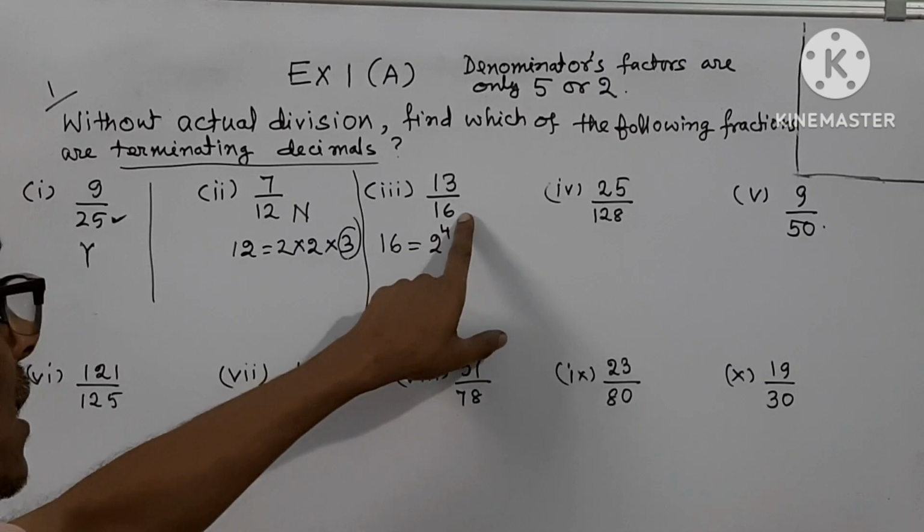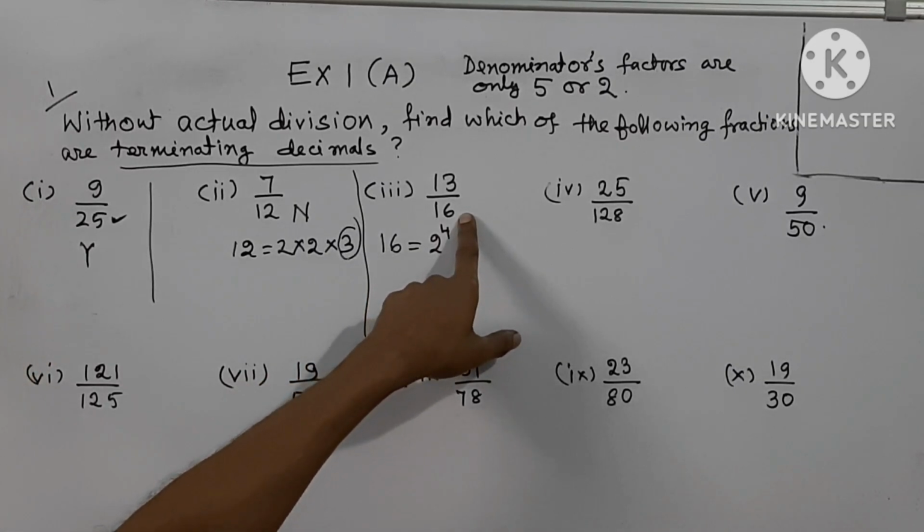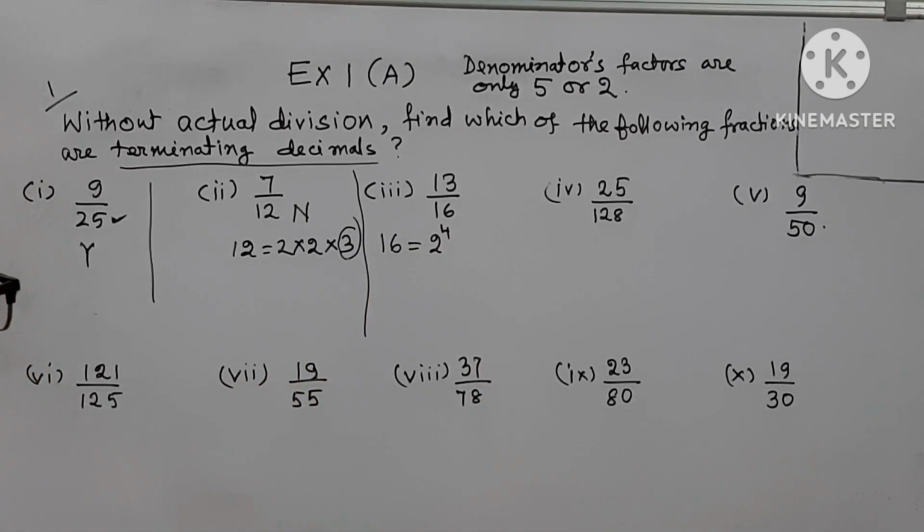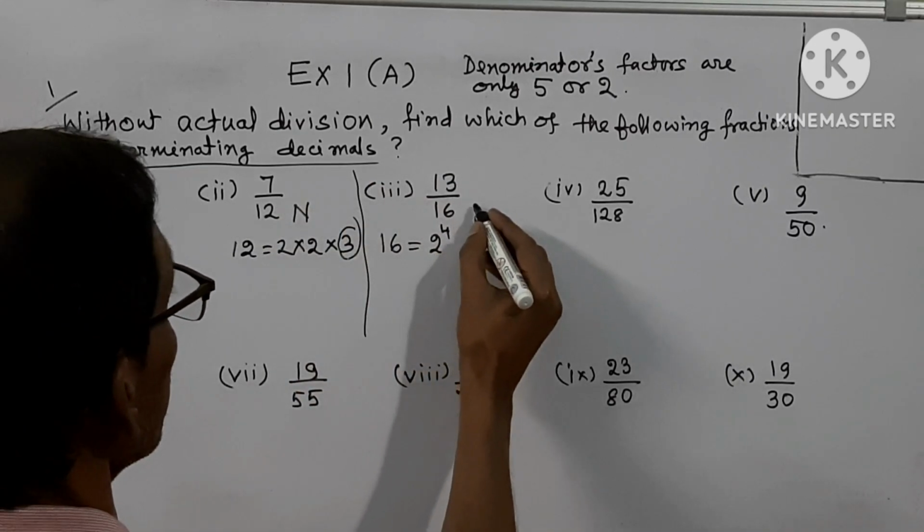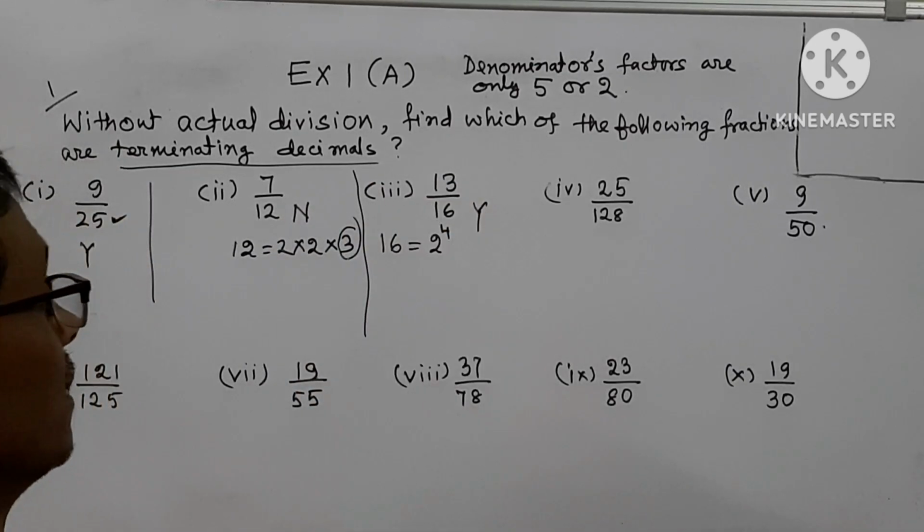So clearly the denominator has only factors of 2, so this is a terminating decimal.